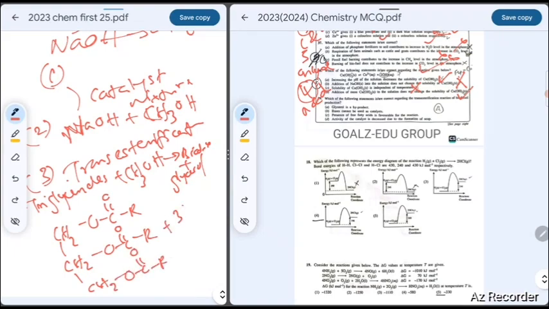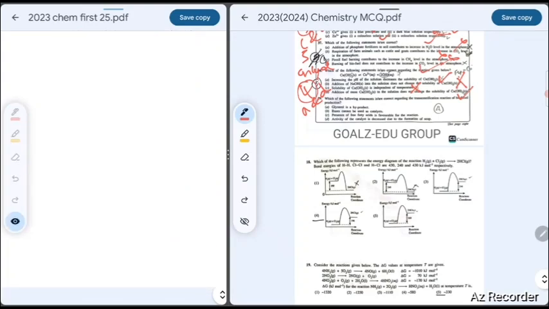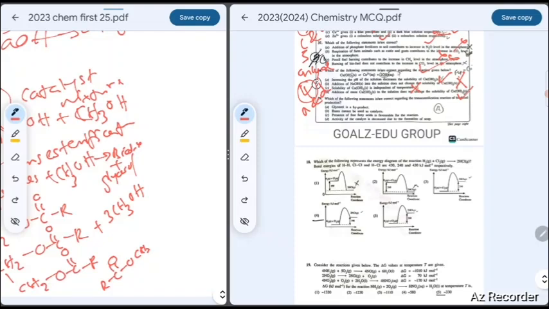And this should react with 3CH3OH to give the biodiesel. Biodiesel is what? RCOOCH3.